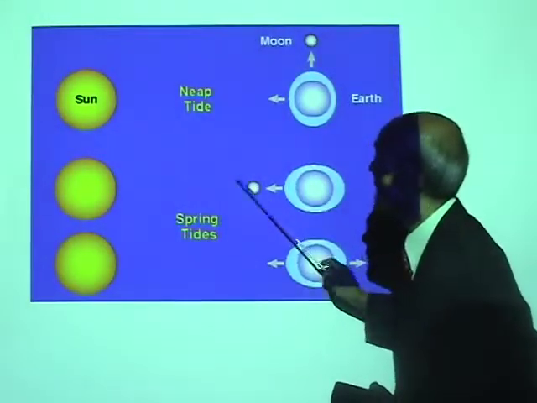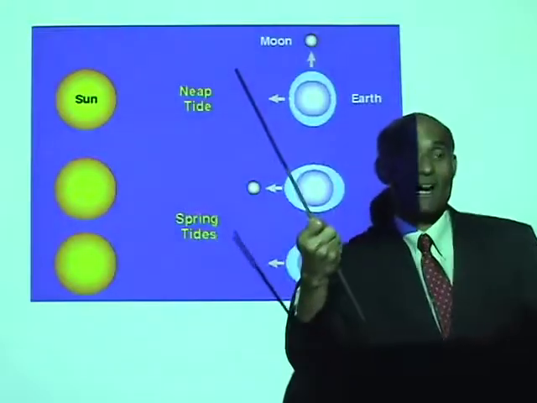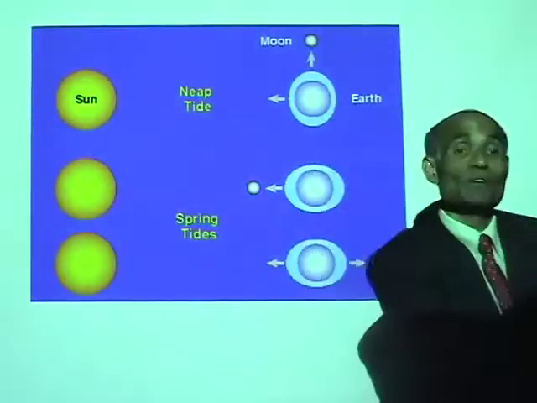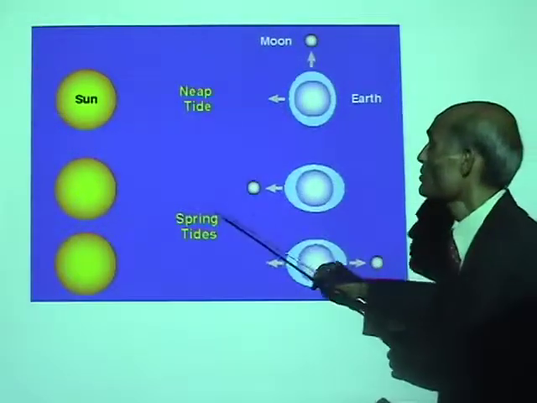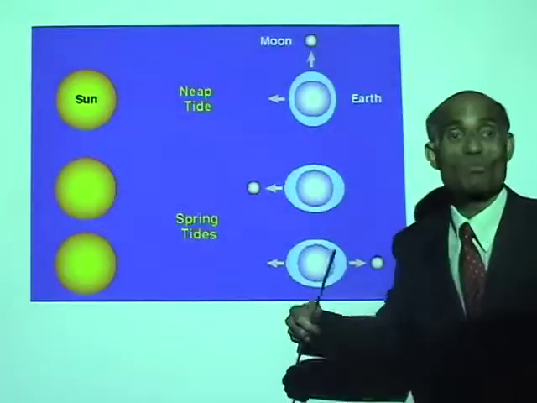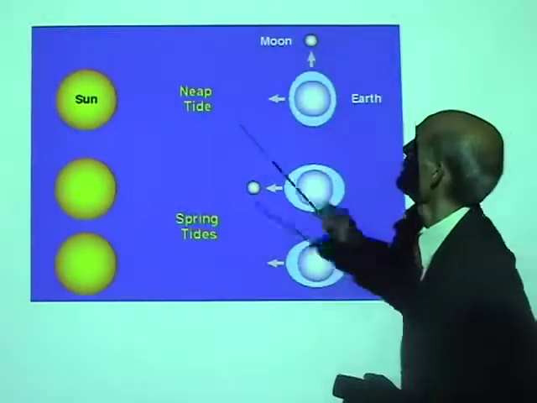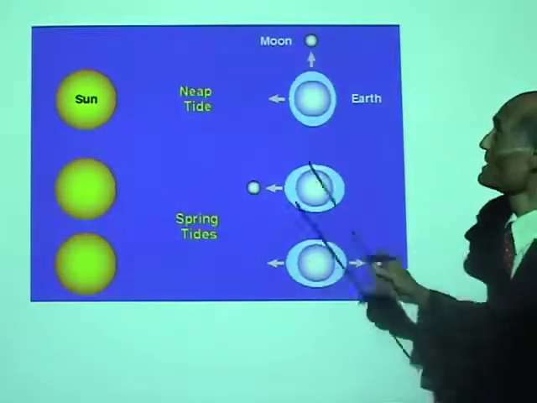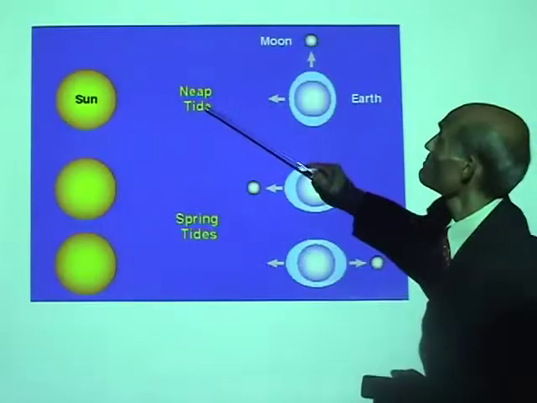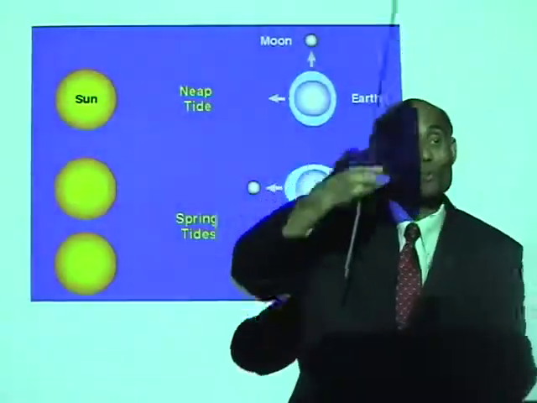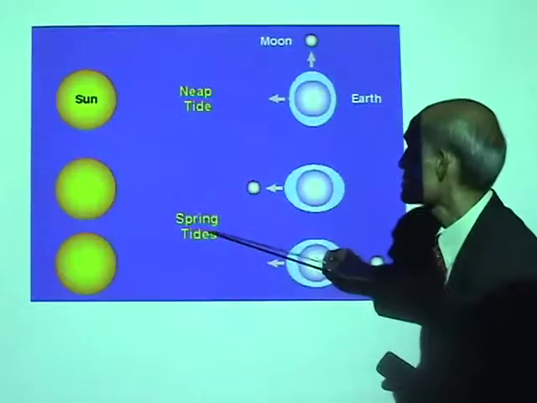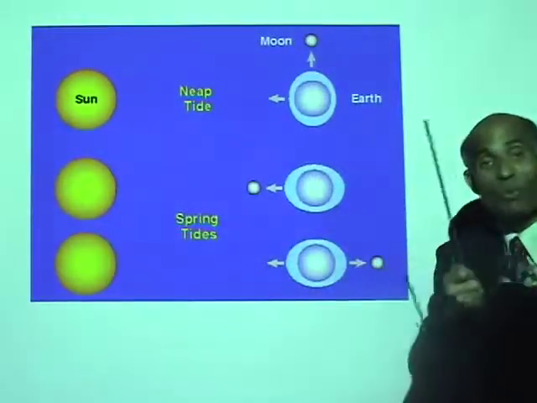When the moon and the sun are on the same side, they work together. They pull together, you get greater bulges. So the spring tides are much more pronounced than neap tides. Alright? So distinguish between neap tides when the moon and the sun oppose, whereas spring tides occur when they pull together.